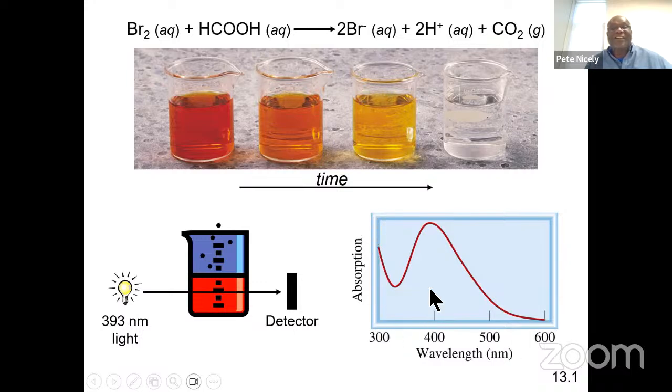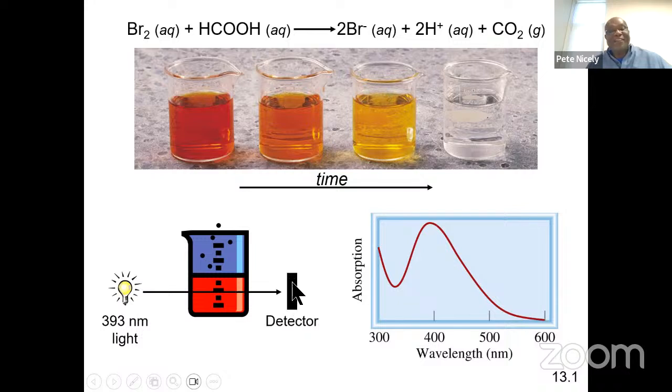The maximum absorbance for bromine is about 400, actually 393 nanometers. So you adjust the wavelength of the light source to 393 nanometers, and then you allow a beam of that light to pass through the solution, and the absorbance is measured by the detector on this side.